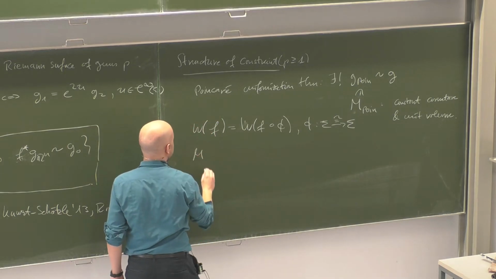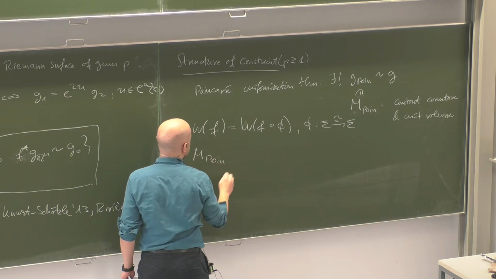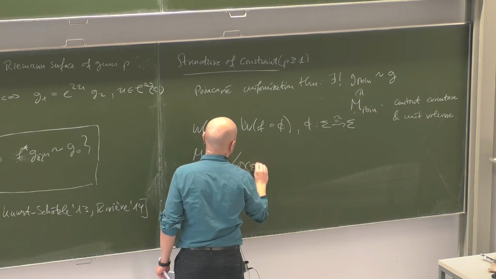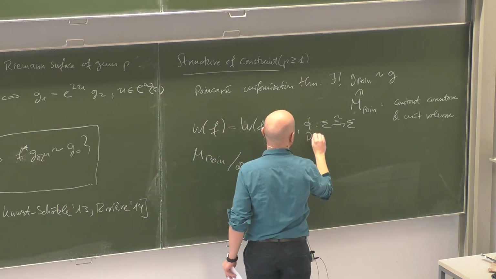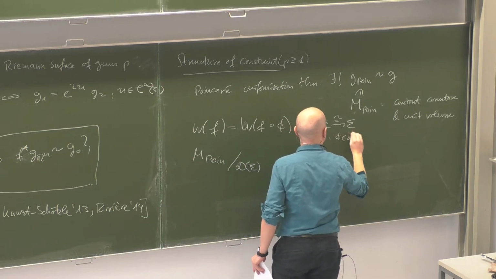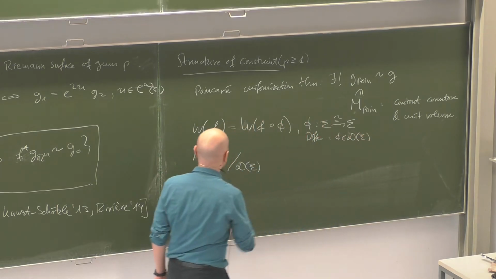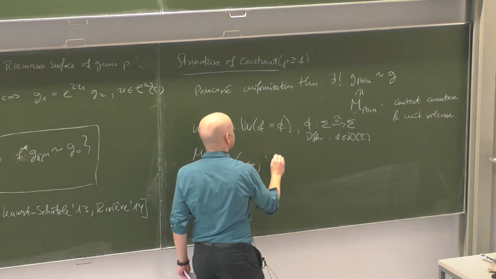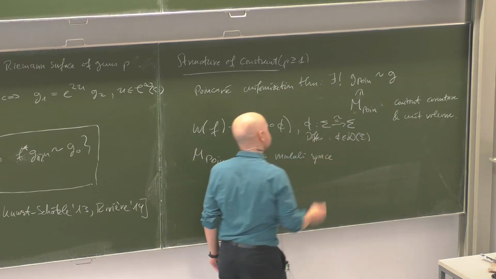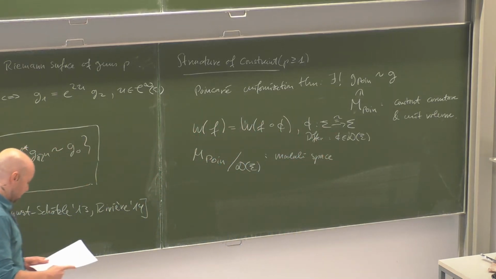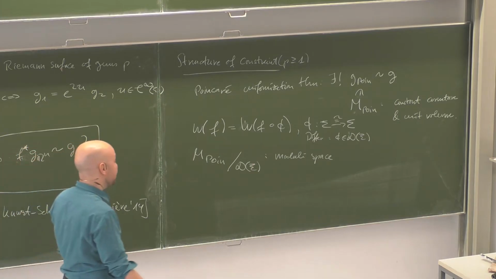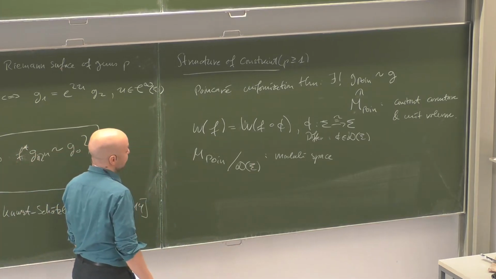One way to do that is to look at the so-called moduli space. If I mod out by diffeomorphisms, then I get the moduli space, which is not so nice in terms of its structural properties. It's generically not a manifold.